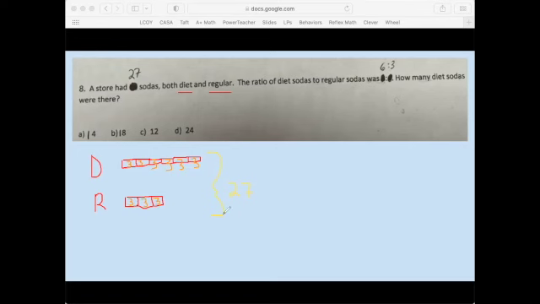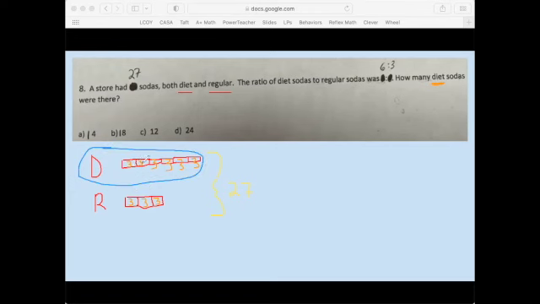Something I noticed that a lot of you do is you get the 3 and then you think you're done and move on to the next problem. But you need to read what the problem's asking. The problem is asking how many diet sodas were there. So I need to focus on just the diet soda pieces of tape.